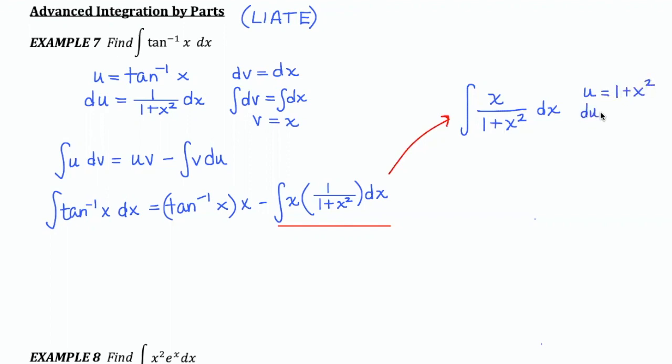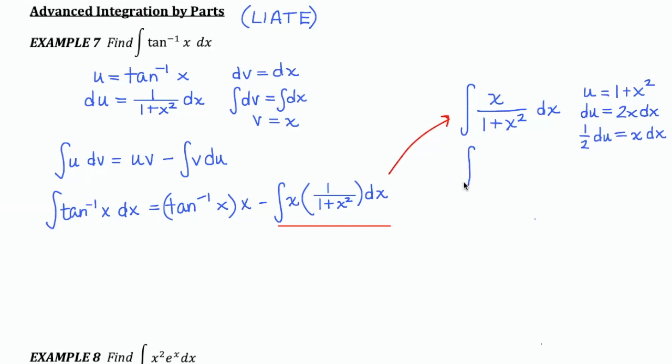I take the derivative of u, which will be 2x dx, and I move my constant over to the left side, giving me x dx. Now notice, conveniently, I do have an x dx in my integral.